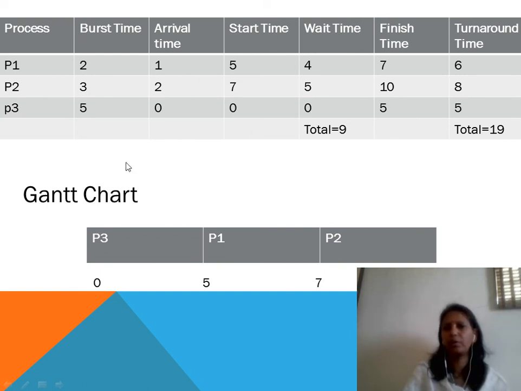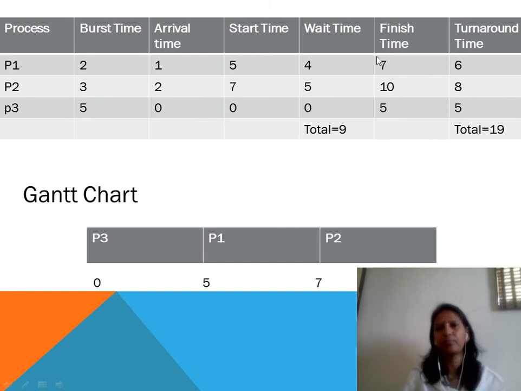Now, as per the Gantt chart, we can see the finish time: 7 for P1, 10 for P2 and 5 for P3. From this we are going to calculate the turnaround time for each process. Finish time minus arrival time is called the turnaround time, meaning how much time the particular process requires for execution.